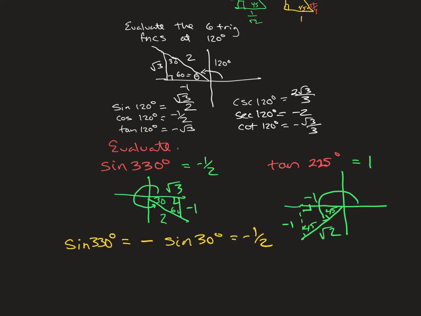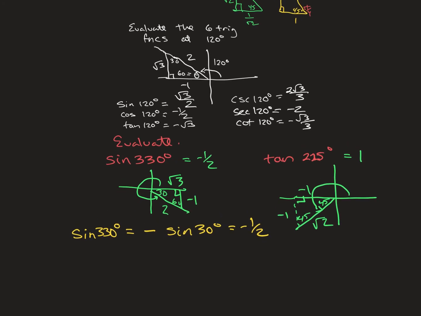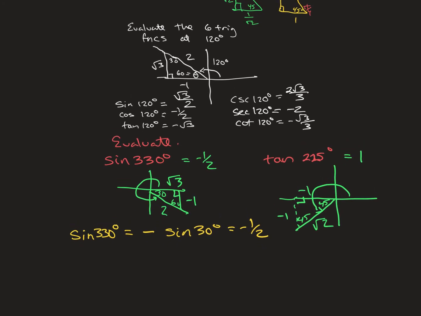Okay, the other way to think about it is tangent of 225. All right, 225 is in quadrant 3, where tangent is positive. So tangent of 225 is going to be some positive ratio. You don't have to put the positive, but, and what's the reference angle? 45. So it's going to be the positive of tangent of 45.